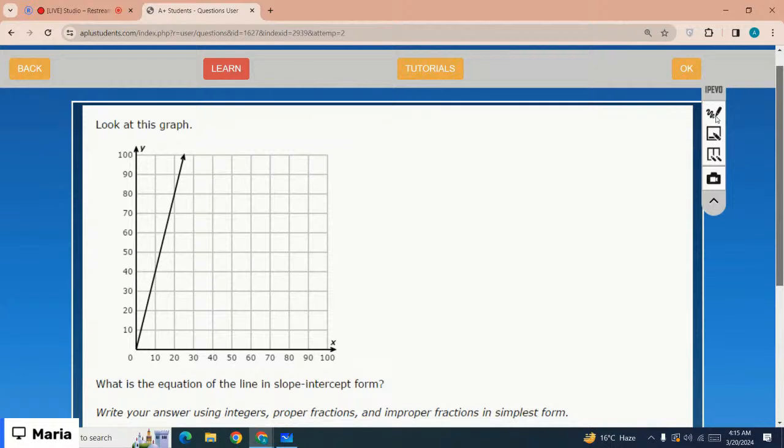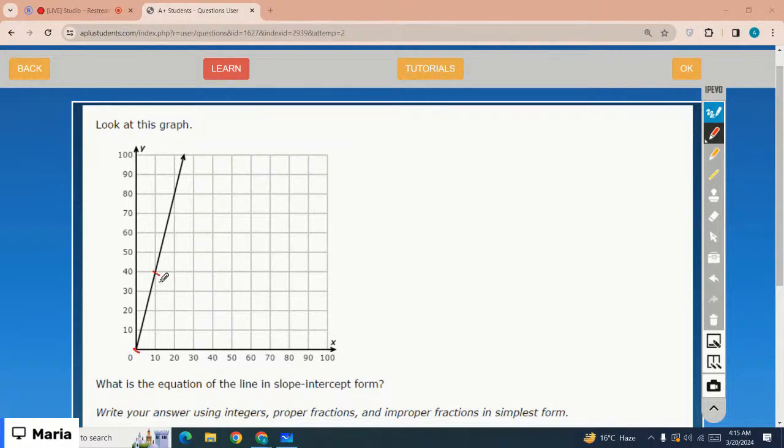The second thing is you have to find the slope. So just select any 2 points, 1, 2, 3, 4, and 1. So the slope is 4 over 1, right? The y intercept is 0.